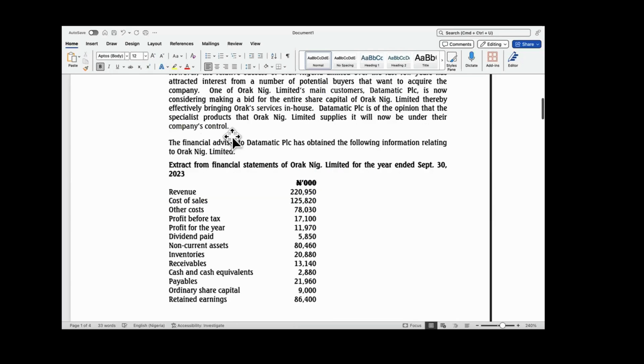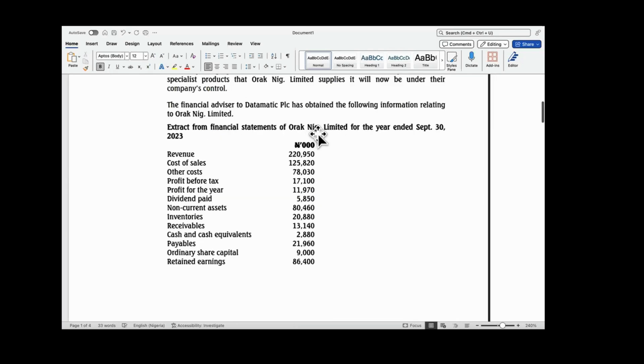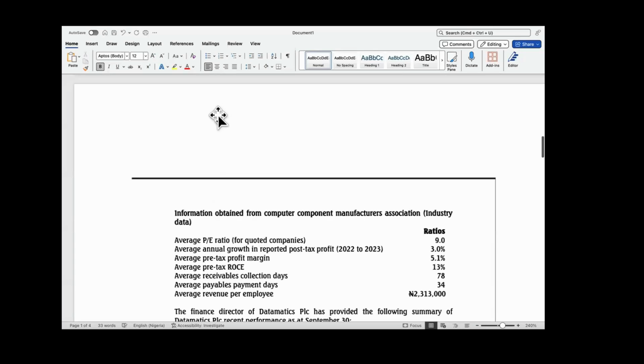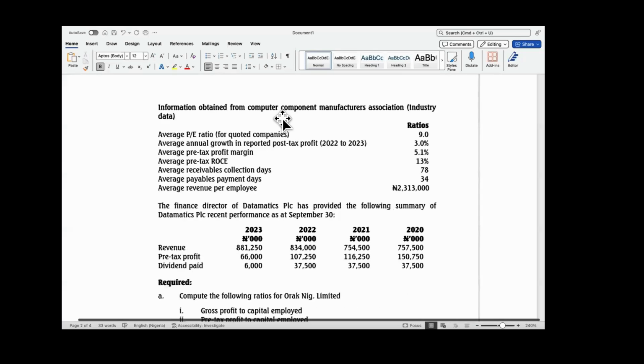So we're given extracts from financial statements of ORAC Nigeria Limited for the year ended September 30, 2023. So they gave us these extracts. And information obtained from the Computer Component Manufacturers Association is this. So this is more of the industry ratios of other companies in the same industry as ORAC.